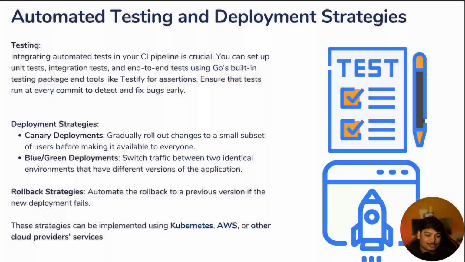Now let's go back to the slide. Testing: you can run automated integration tests in your CI pipeline, which is crucial. You can set up unit tests, integration tests, and end-to-end tests using Go's built-in test package. In day 5 I've already shown how to use those different packages. So if you want to integrate all the test scenarios and test cases, you should refer to the day 5 video.